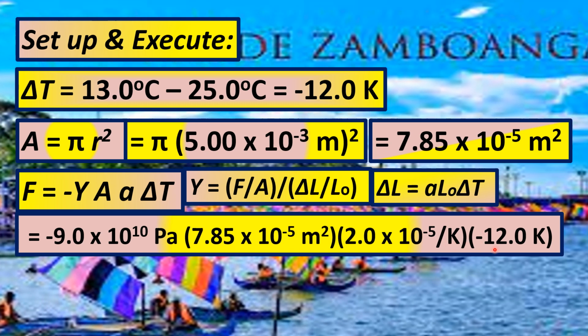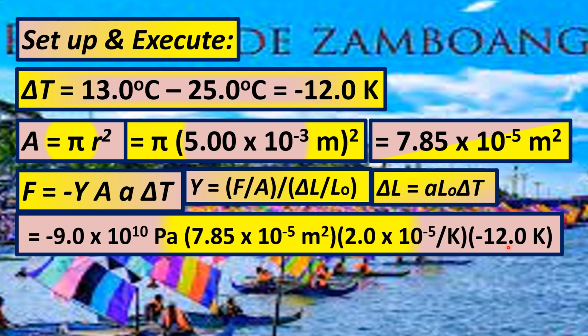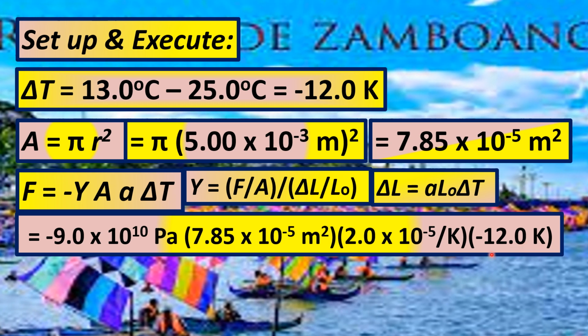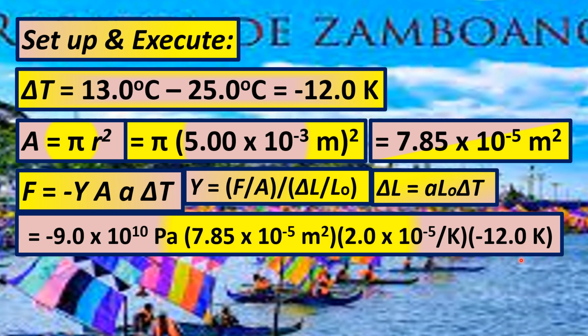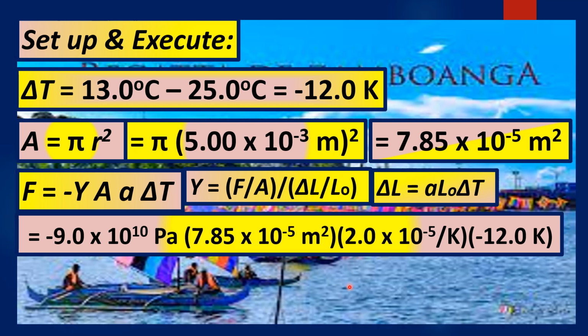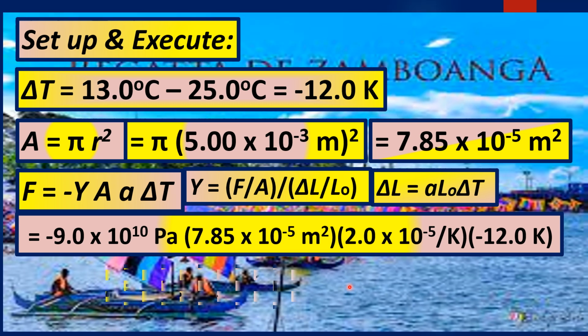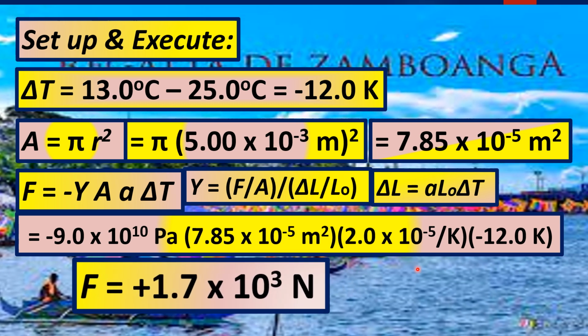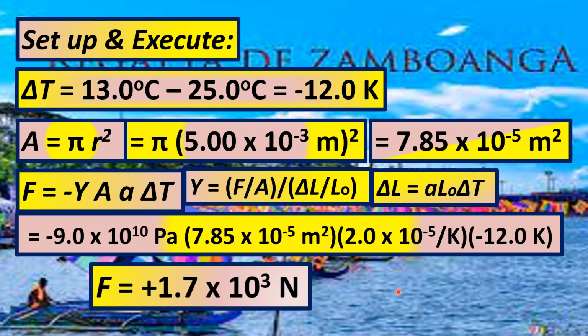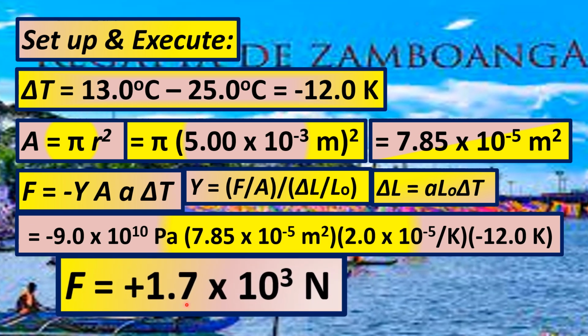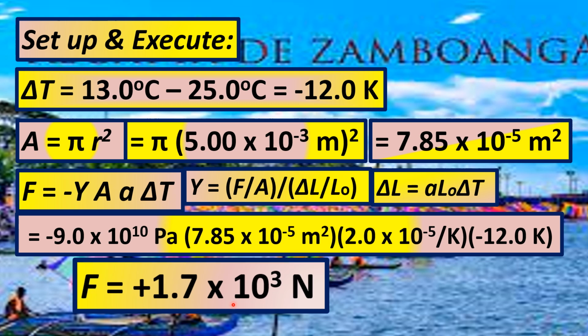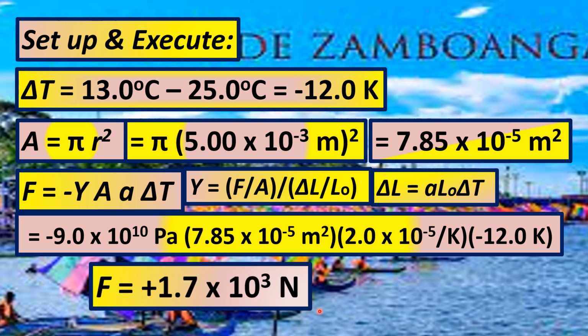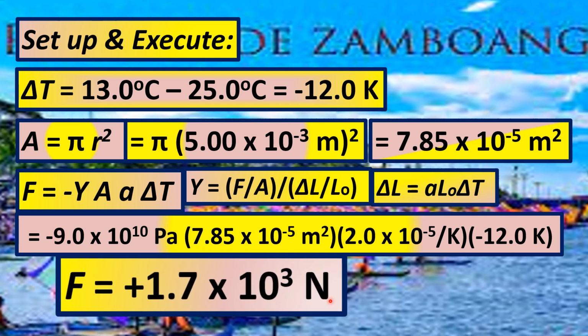And of course, the change in temperature negative 12.0 Kelvin. And doing our math, we will get the magnitude of the force capital F equal to 1.7 times 10 to the third power Newton in two significant figures.